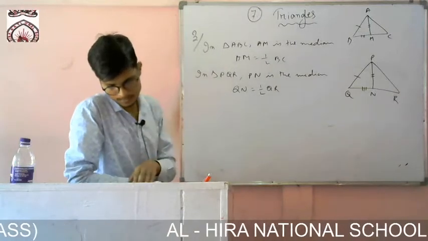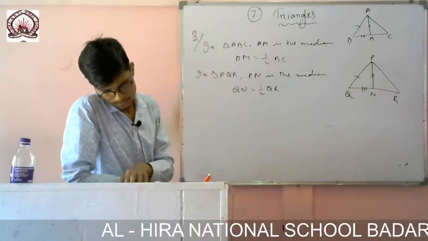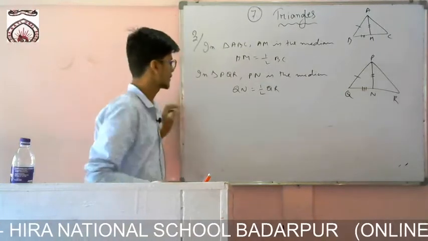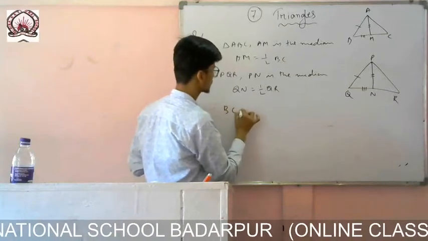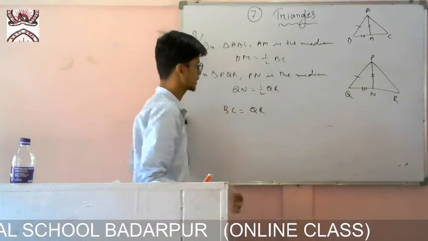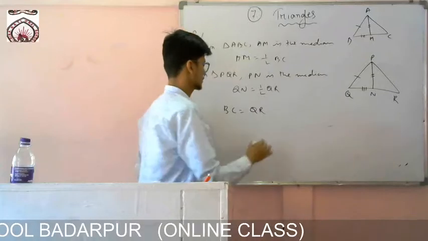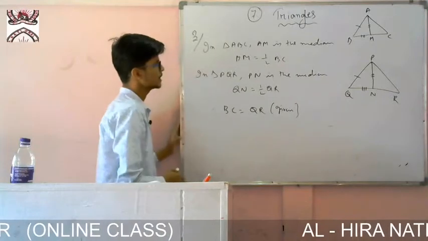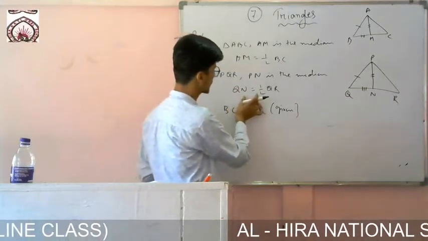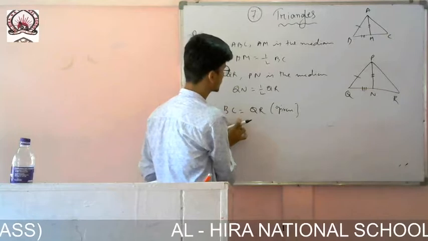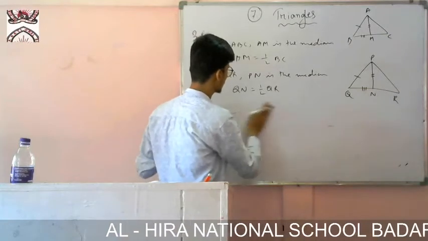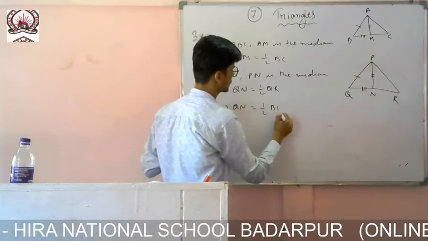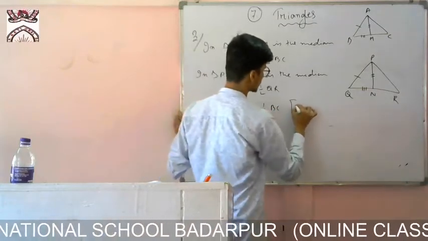And in the question it is given that BC is equal to QR. Since BC equals QR, which is given, I can replace this one here. In place of QR I can write BC. So QN will be equal to half of BC.